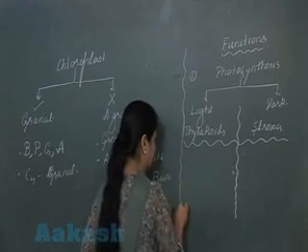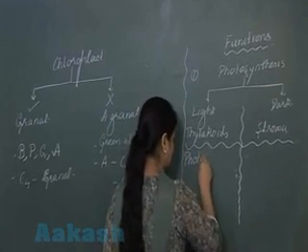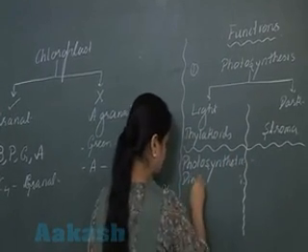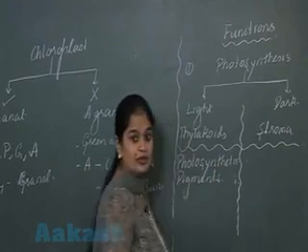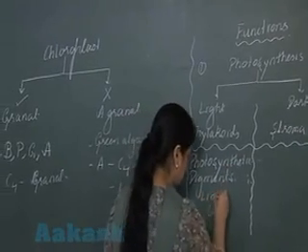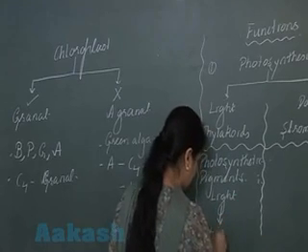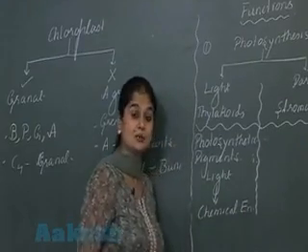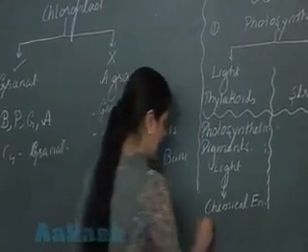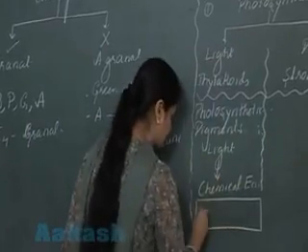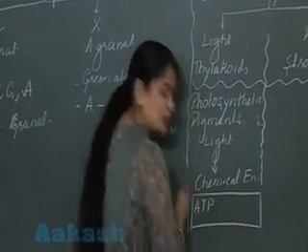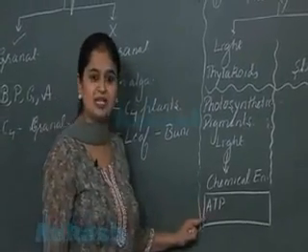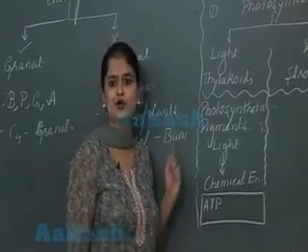Thylakoid membrane के अंदर जो photosynthetic pigments हैं, they will absorb the light energy और light energy को convert करेंगे chemical energy के अंदर. Light energy is converted into the chemical energy and results in the production of ATP. It's very well known to you that ATP is energy currency of cell.